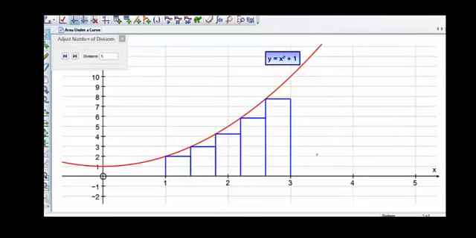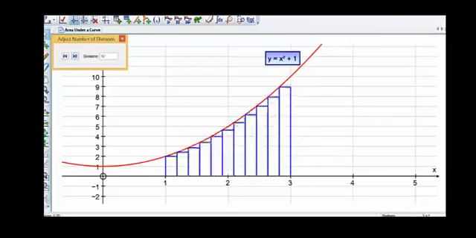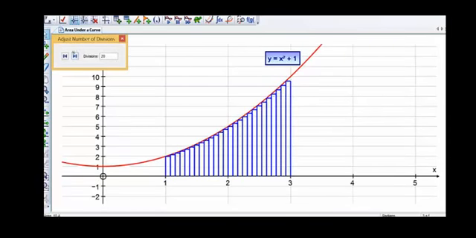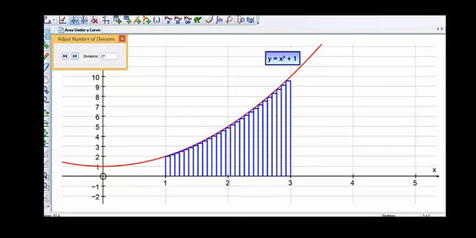We can see if I do that, then the total area of the rectangles is less than the area under the curve, because we're missing these pieces here. However, if I increase the number of strips, I increase the number of rectangles, and we can see the area becomes much closer to the area under the curve.